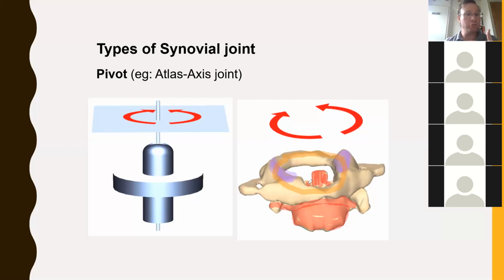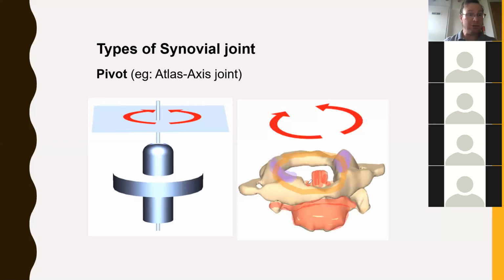That one's the really crucial one, that if that joint is torn, that peg hits your spinal cord and you'll die. So this is why when people have head injuries or serious neck injuries, you have to stabilize them absolutely, just in case. So the pivot joint is at the top of the neck. It allows rotation.